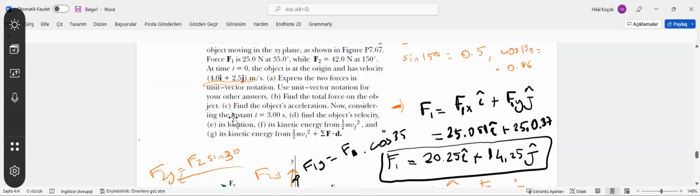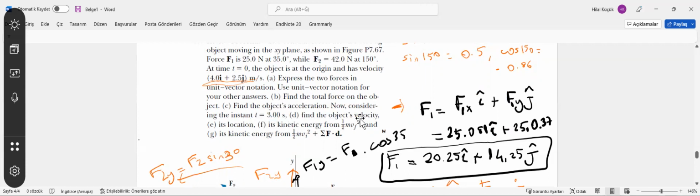Okay, find object acceleration and considering the time t. I don't understand the question. I try to understand. Object acceleration.